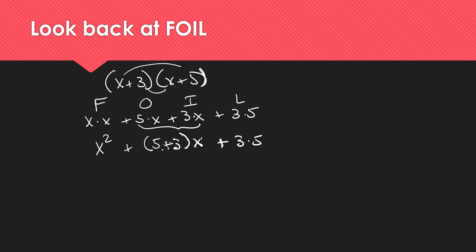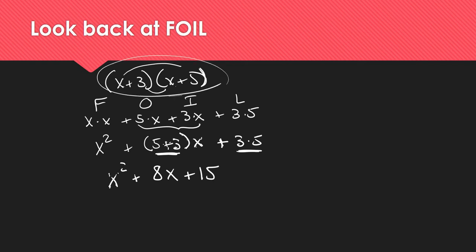Now if you look at this, you notice that the number in the middle, and when we finish that off, that will be 8x plus 15. The number in the middle is made up of the sum of 5 and 3, and the number at the end is the product of 5 and 3. And those were the numbers that we started with in our factors.